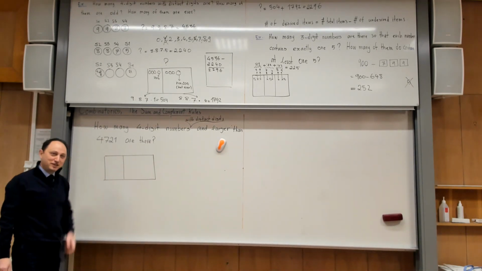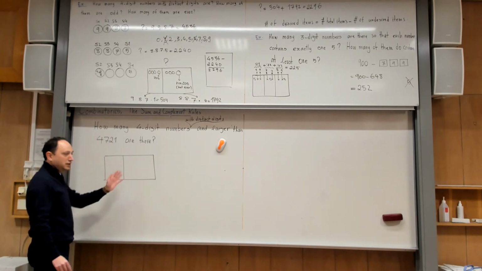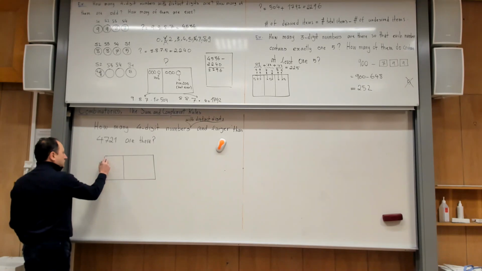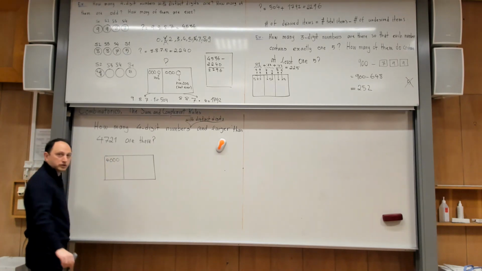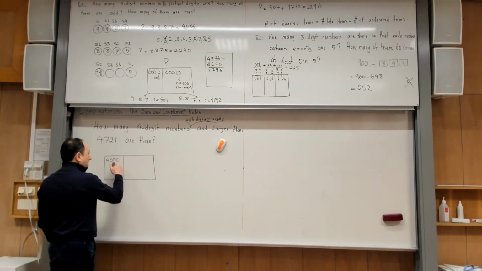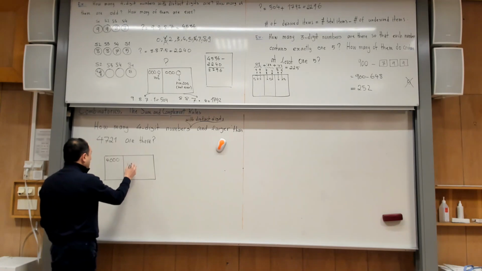Okay, so I want to hear from you. So you are partitioning into 2 parts. Yes, one are the numbers starting with a 4, and then you have 3 more digits, and then the numbers which start with a number larger than 4. Okay, so it means that here I have 4, but this item is larger than 4.